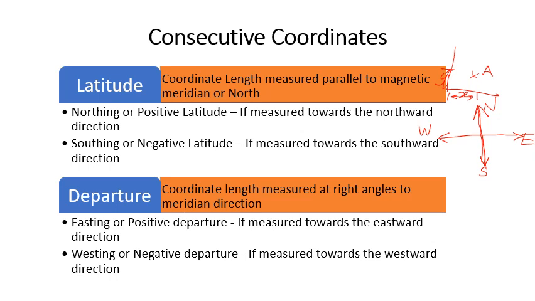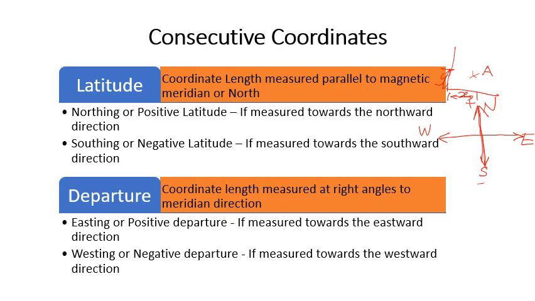So latitude is similar to the y-axis. In that 2D concept, we have a positive y direction and a negative y direction. Equivalently here we can have the north direction as positive and the south direction as negative.